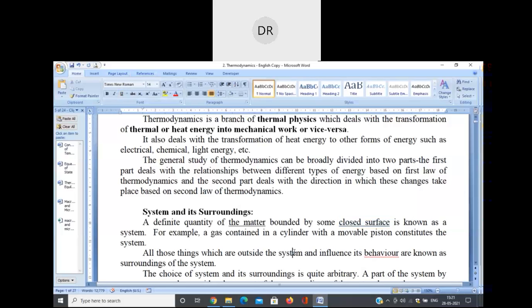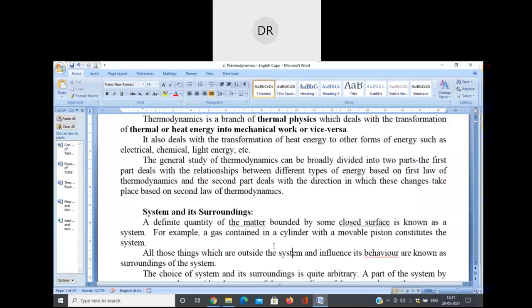Here, in the example, we say that a gas is contained in a cylinder with a movable piston. Gas is the matter. The cylinder with movable piston is the closed surface. Here we can observe and understand these things.